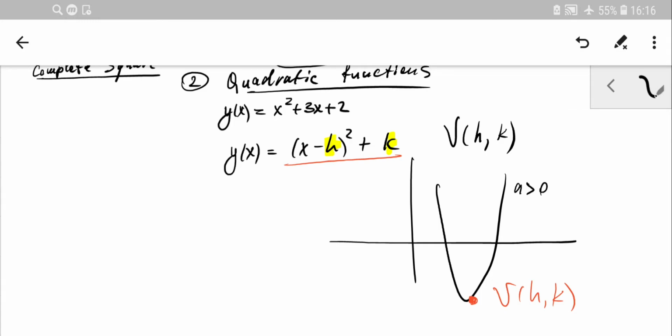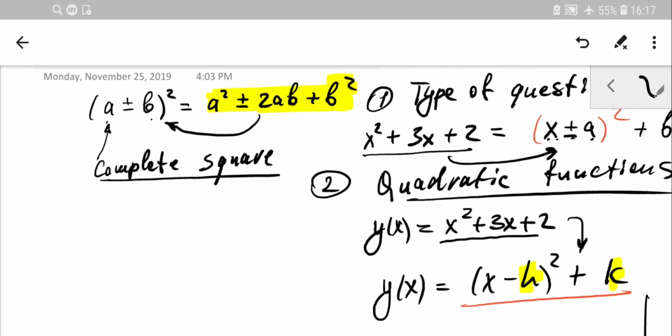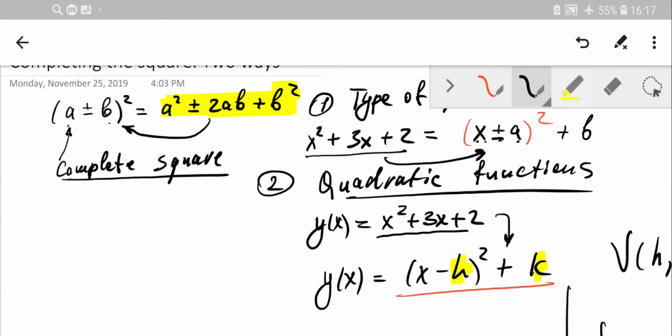That's the second type of questions where you might meet complete the square and need to apply the methods that can lead you from an expanded expression into an expression containing a complete square. Trust me, it's all based on this single formula.